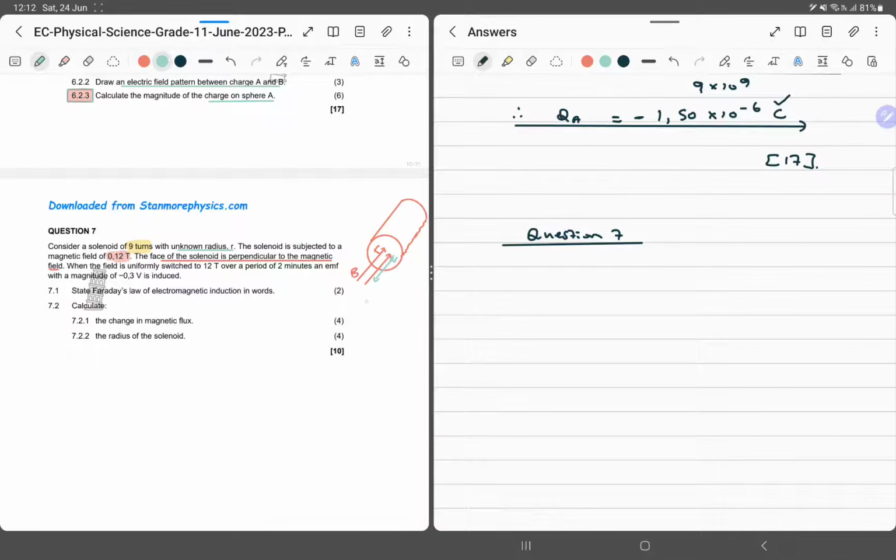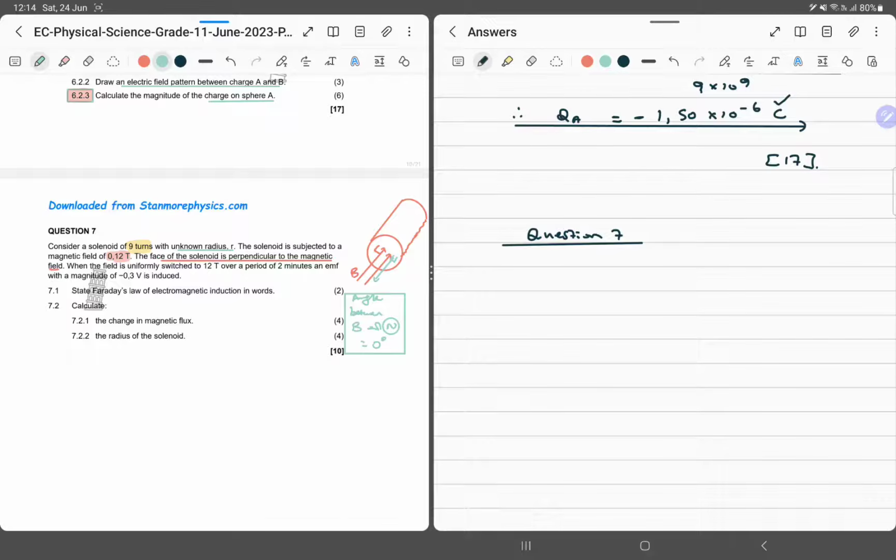So it means the angle between the field lines and the normal of our solenoid is going to be equal to 0 degrees. The key of that piece of information is to tell us that the angle between the field lines and the normal of the area of the solenoid is 0 degrees.